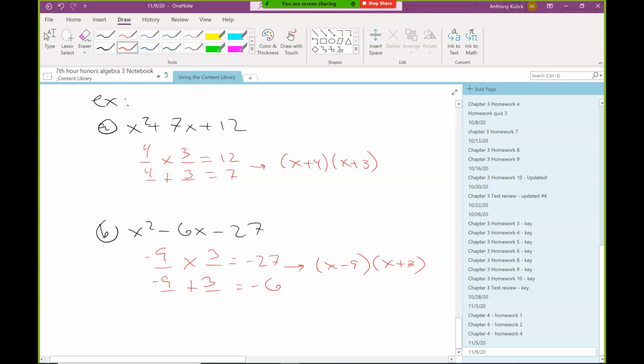Now the stuff that we can't avoid, there's no good shortcut if a is not 1, b is not 0, and c is not 0. That's a situation where you're going to be using the long way. Unless, for example, you can take some greatest common factor out and turn it into one of these other situations.